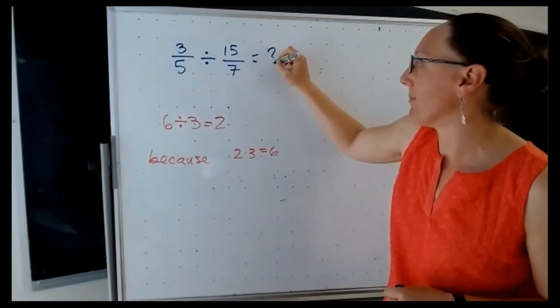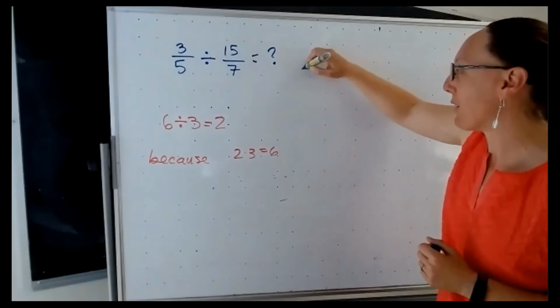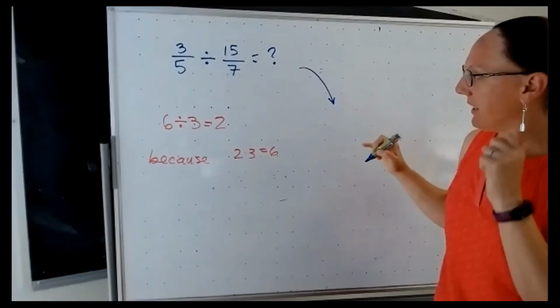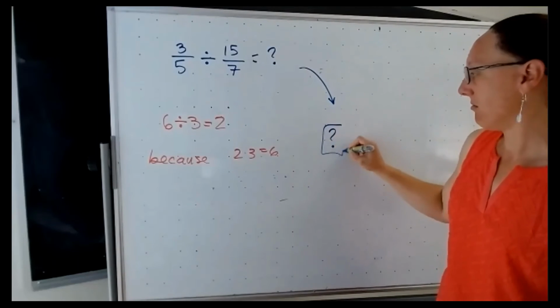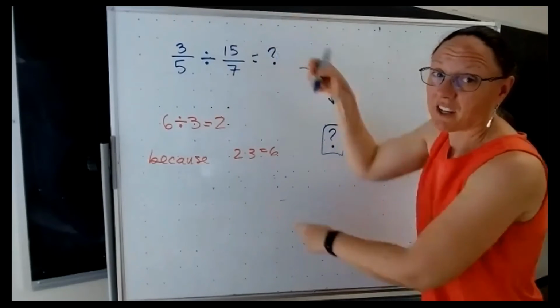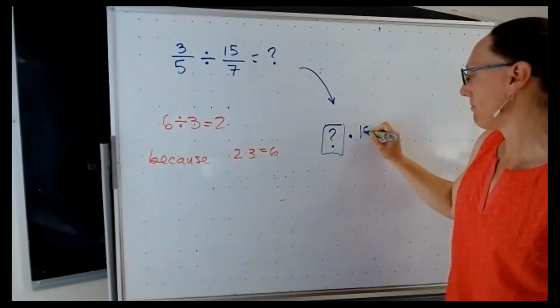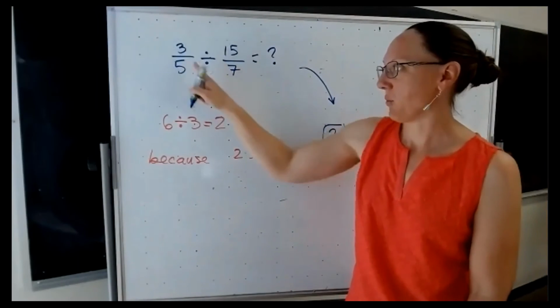This is equal to, I don't know. If I went out to write that same because statement, this would look like the piece I don't know times the 15/7 is equal to 3/5.